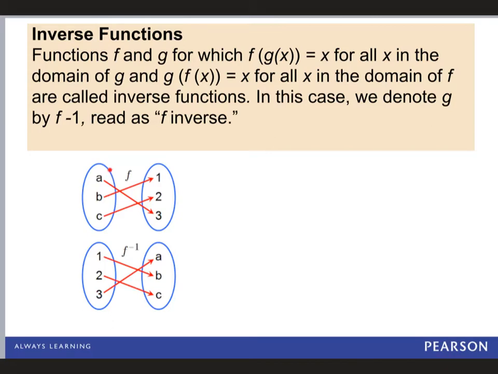So instead of having my inputs being a, b, and c, now I'm starting at 1, 2, and 3 and going backwards. From 1, I'm going to go to b, from 2, I'm going to go to c, from 3, I'm going to go to a. So 1 to b, 2 to c, 3 to a. And that is called f inverse because it undoes the function f. It does the exact opposite, the reverse of function f.